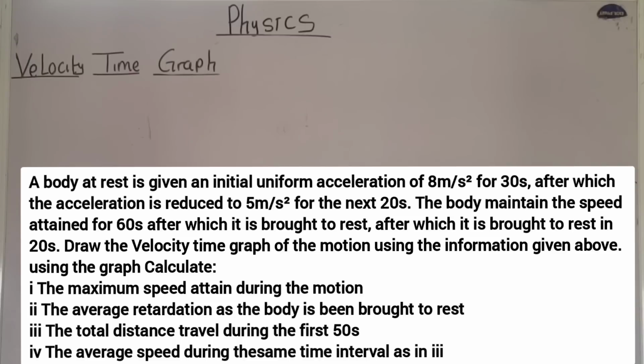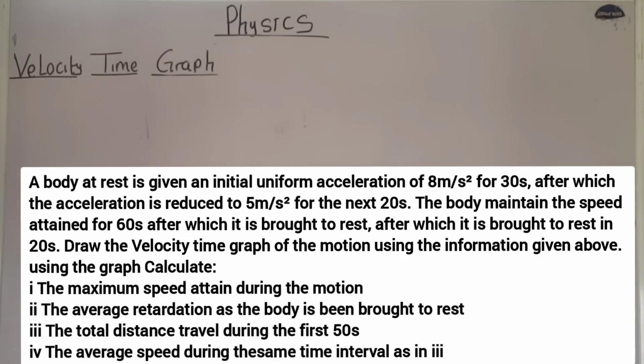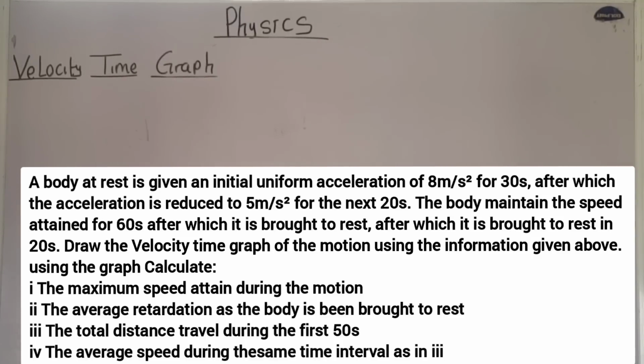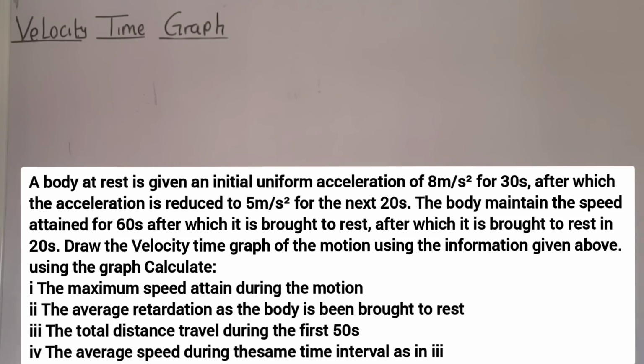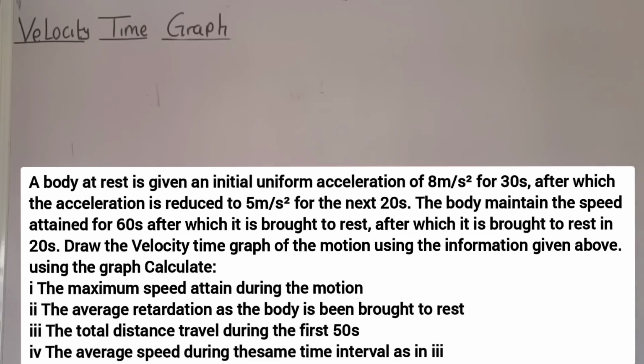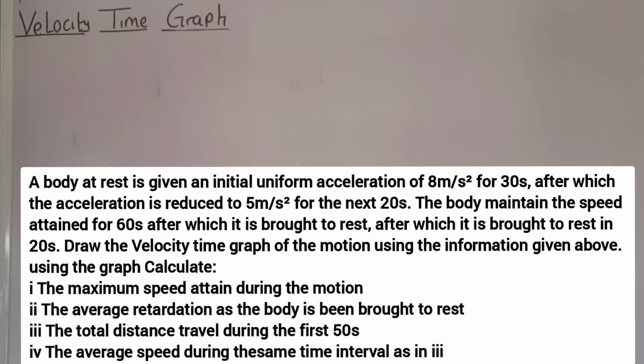The body maintains the speed attained for 60 seconds, after which it is brought to rest in 20 seconds. Draw the velocity time graph of the motion using the information given above. Using the graph, calculate the maximum speed attained during the motion, the average retardation as the body is being brought to rest, the total distance traveled during the first 50 seconds, and the average speed during the same time interval, as in Roman figure 3.